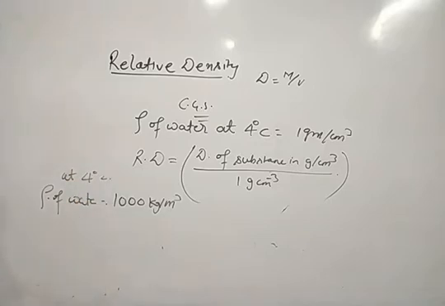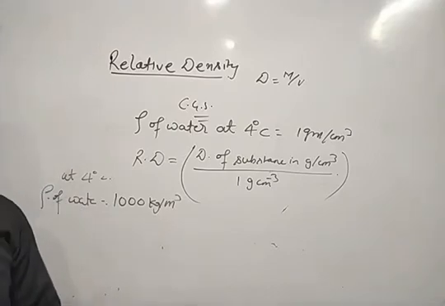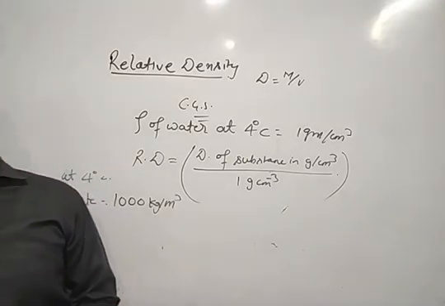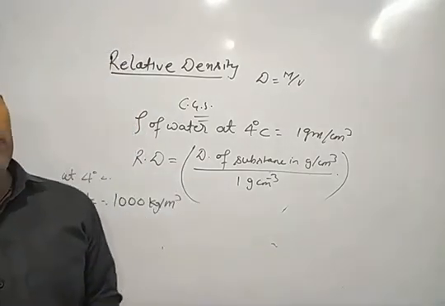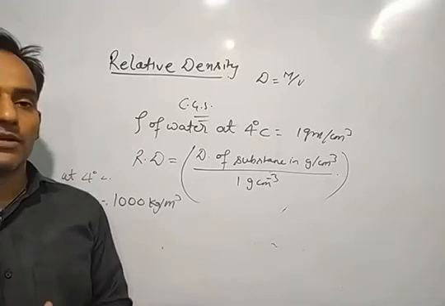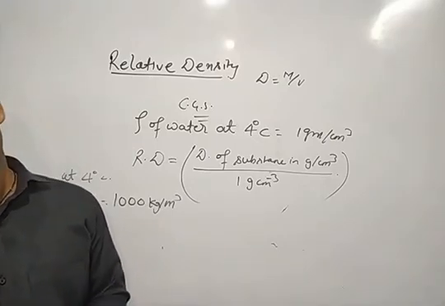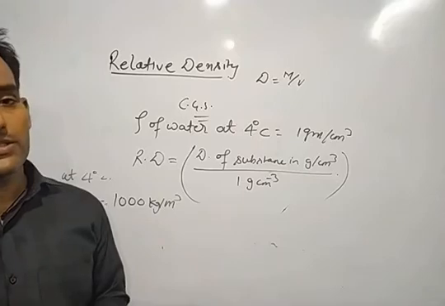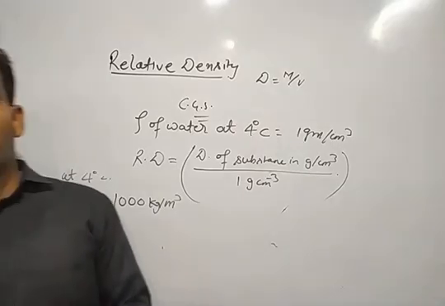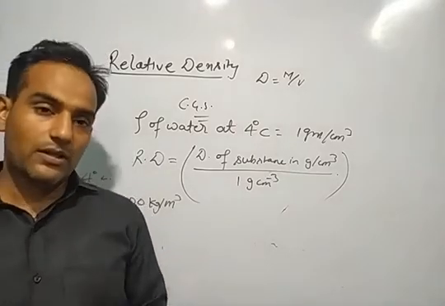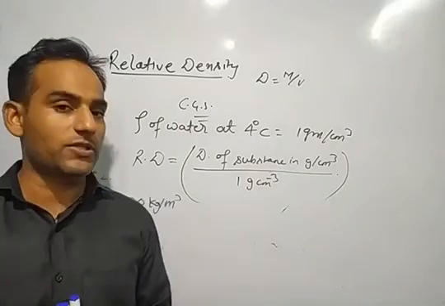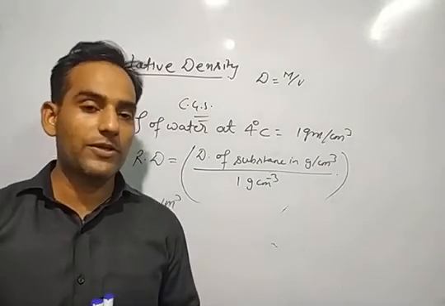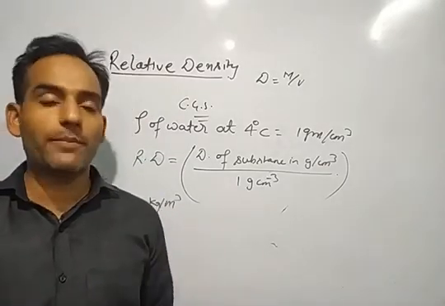Okay, as we all know, water has an anomalous expansion. Water shows a different kind of quality. Whenever the temperature decreases, the density of a substance increases: low temperature, more density; more temperature, less density.